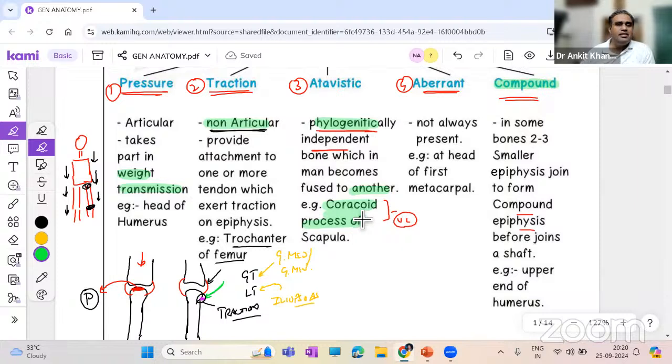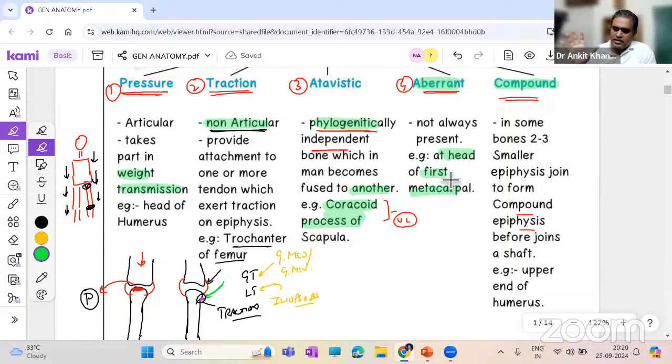Then aberrant epiphysis is not always present; you may see it, you may not, but this knowledge should be there. It occurs at the head of the first metacarpal. What is a metacarpal? These are the carpals, and these are the 5 metacarpals. The first metacarpal is the one going to the thumb side. So at the head of the first metacarpal, you can have a different or aberrant epiphysis. Now this knowledge is important.